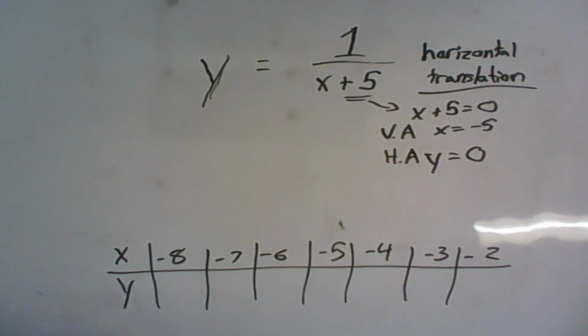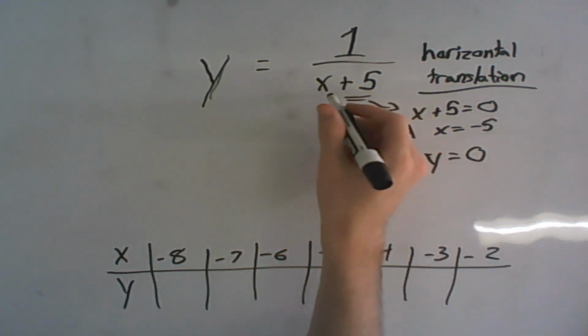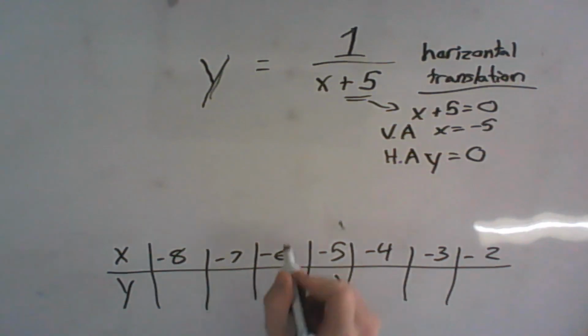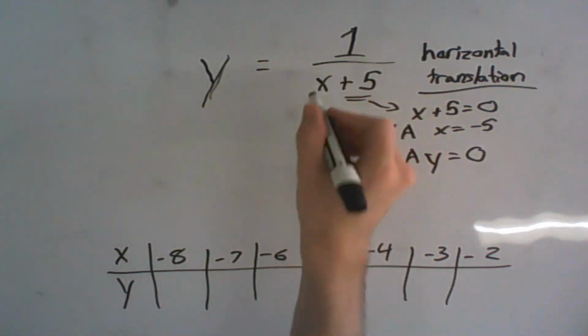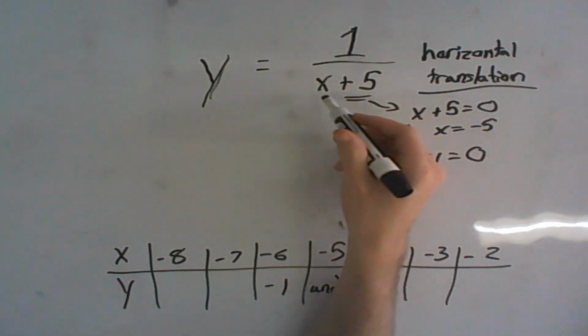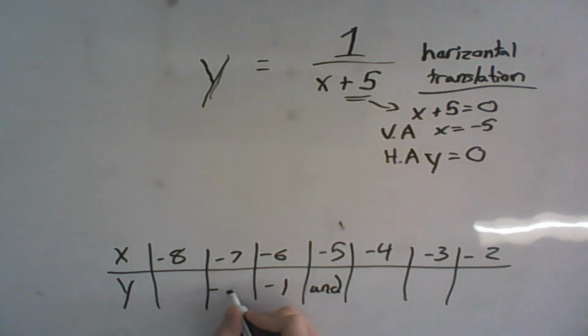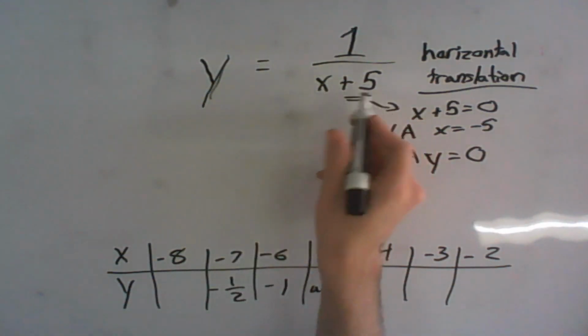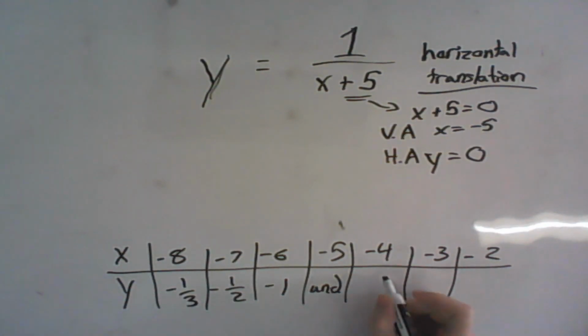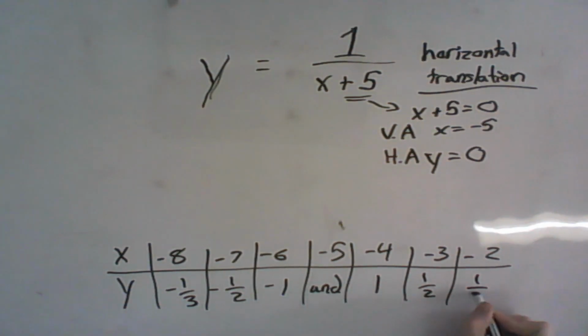We're going to plug it in. It's negative 5. We plugged in. This becomes 0, so 1 over 0 is undefined. Negative 6, plug it in. That's negative 1, so this is negative 1. Plug in negative 7. We get negative 1/2. Plug in negative 8, we get negative 1/3. And on this side, it's just 1, 1/2, and 1/3.